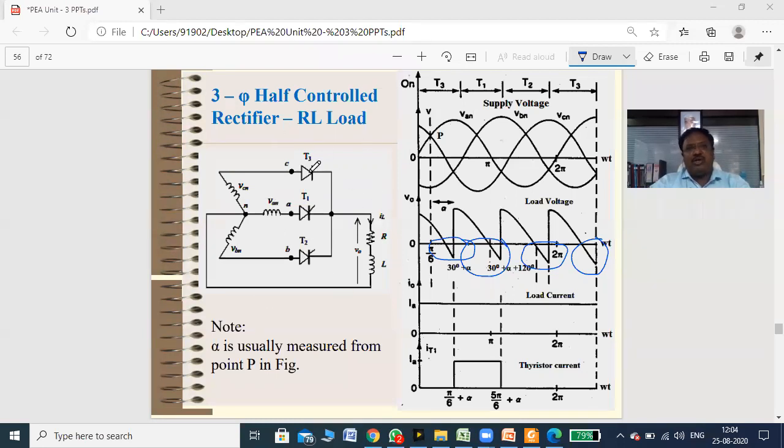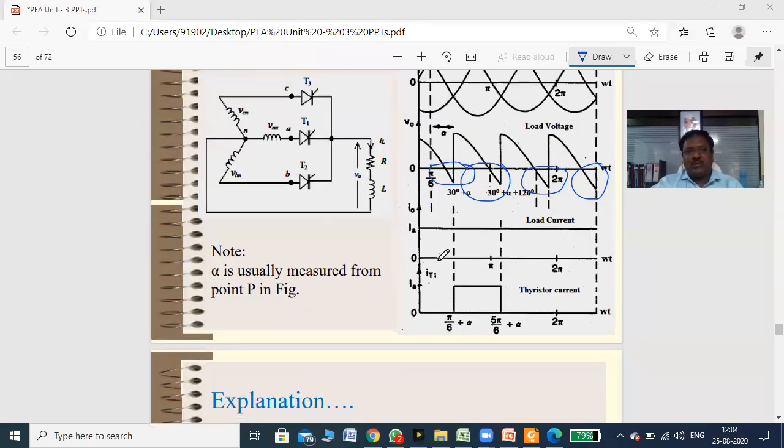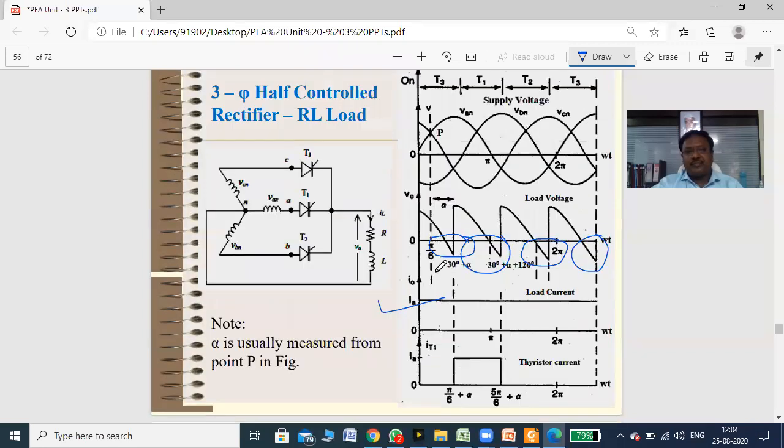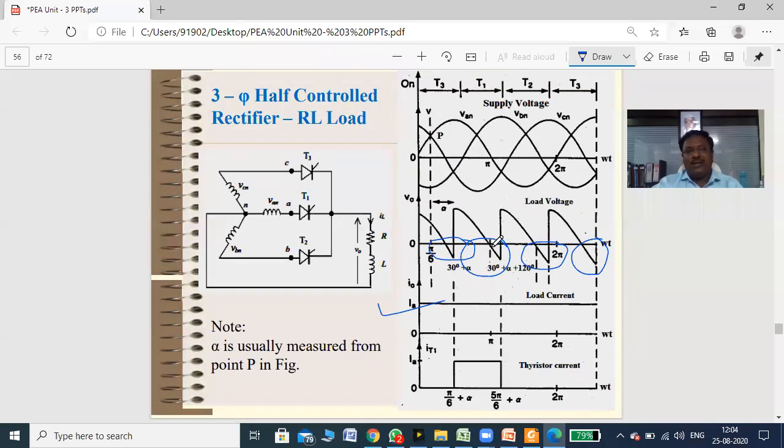It is basically a combination of three single phase half controlled converters. So the working is very similar, as we already know the working of the single phase half controlled converter. Here the current is continuous because the load current is continuous. So IA, that is the anode current, is continuous. This is VO, that is the load voltage.